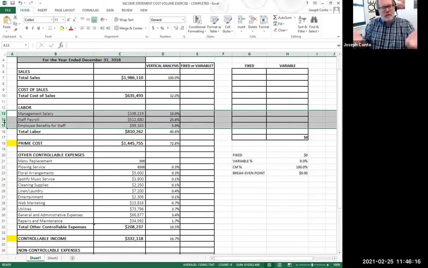But other things we play with a little bit, and because it's managerial accounting, your particular company might be able to change something for fixed or variable. So that aspect will be about you as an owner or manager with your company based on the information you know. I'm going to go ahead and do this part of it, meaning assigning each thing a fixed or variable, and I'll be right back after I do that.